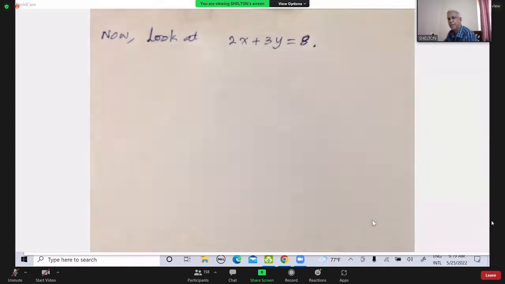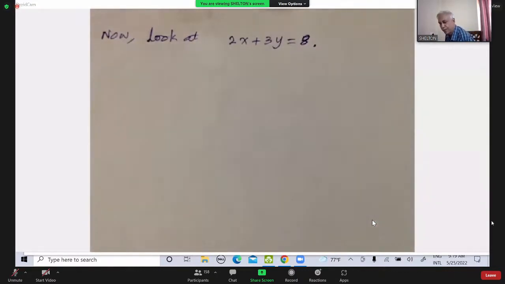How many variables are there? 2 variables, x and y. I have written x and y. So what is the solution? Can somebody tell me a solution of this equation?